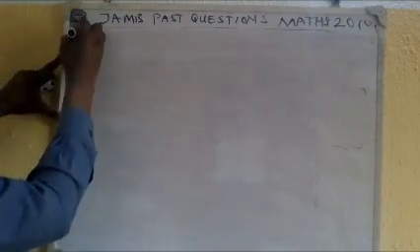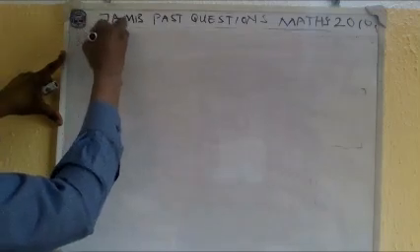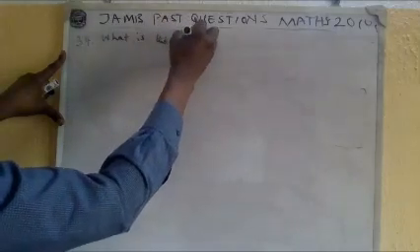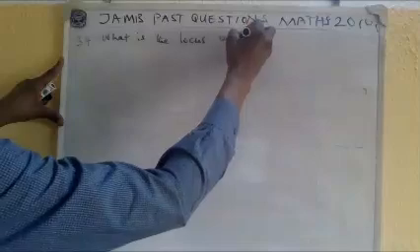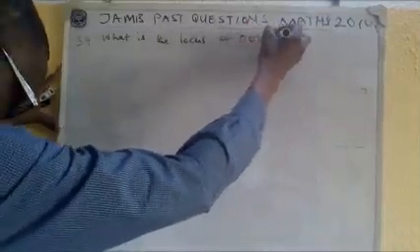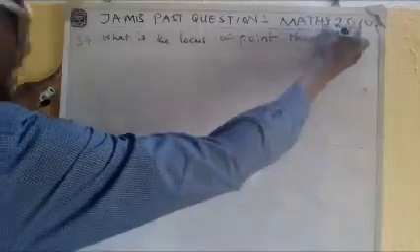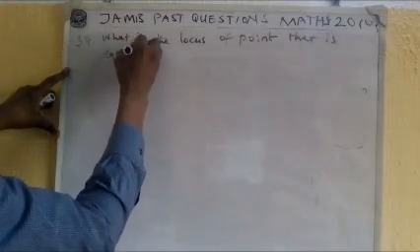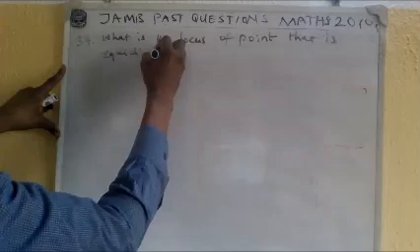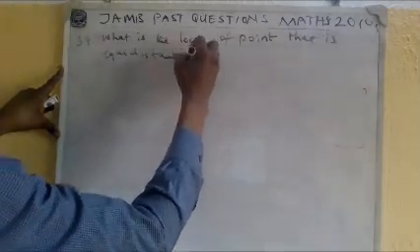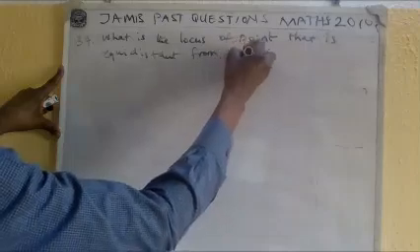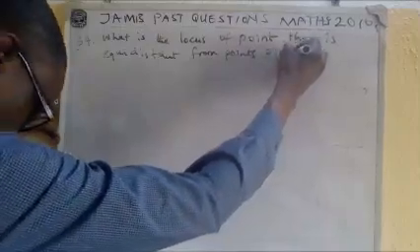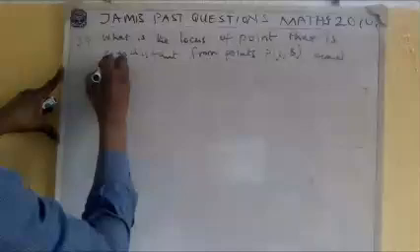So it says, what is the locus of points that is equidistant from points P and Q?